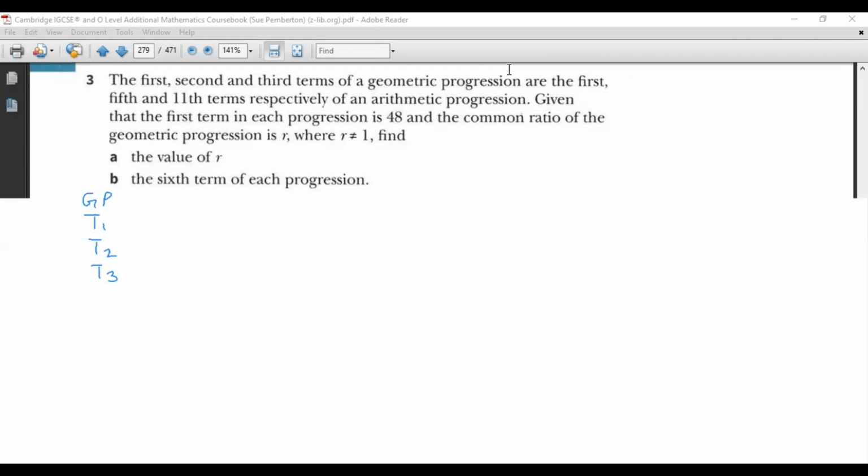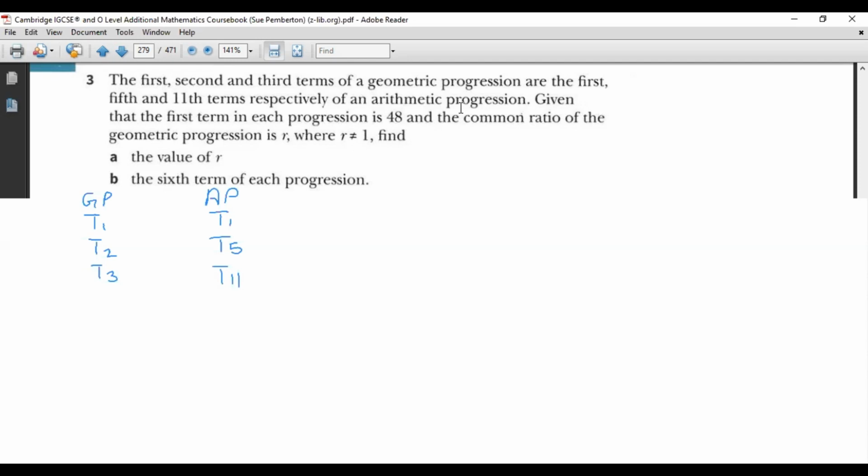And now they are saying that the T1, T2, T3 of the GP are the first, fifth, and 11th term of an arithmetic progression. It means that for AP, it will be T1, T5, and T11. This is the first piece of information which is given to me.